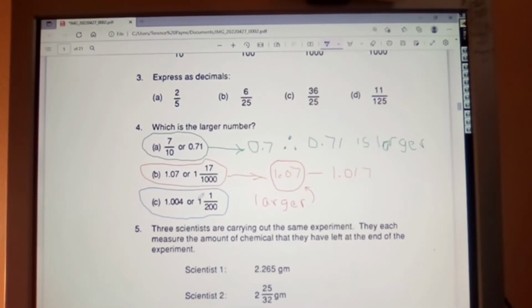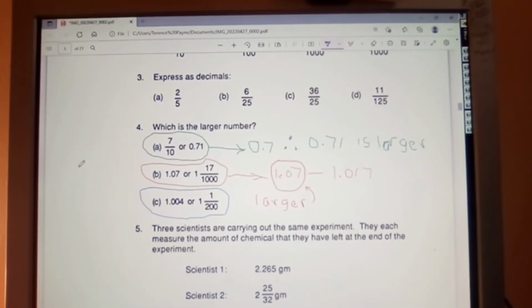So if we divide 1 by 200, it gives us 1.005. So we have 1.004. Okay, which is larger.